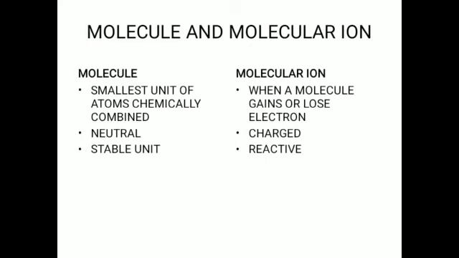Then a molecule and a molecular ion. The molecule is a neutral unit and a stable one. But the molecular ion, when a molecule reacts, it gets a positive or negative charge on its fragment. When it gains or loses electrons, it becomes very reactive. Then it becomes a molecular ion.